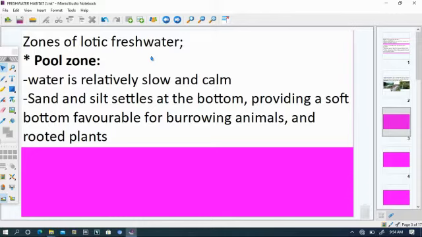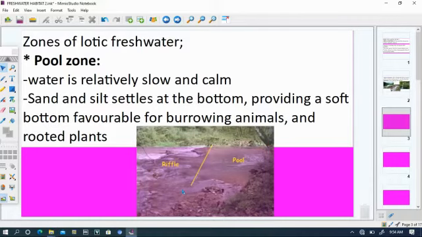Lotic freshwater zones can be divided into 2 parts: the pool zone and the rapid zone. At the pool zone, water is relatively slow and calm. Sand and silt settles at the bottom, providing a soft bottom favorable for burrowing animals and rooted plants.